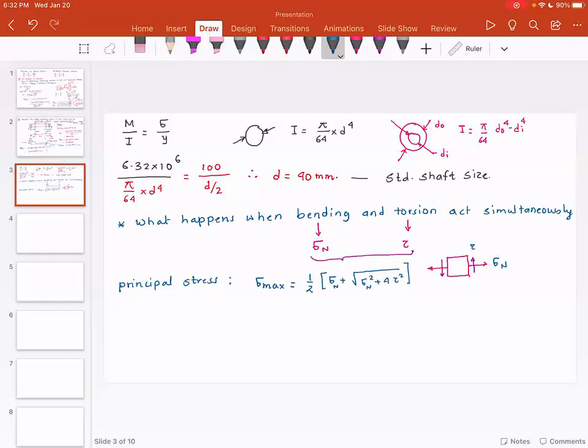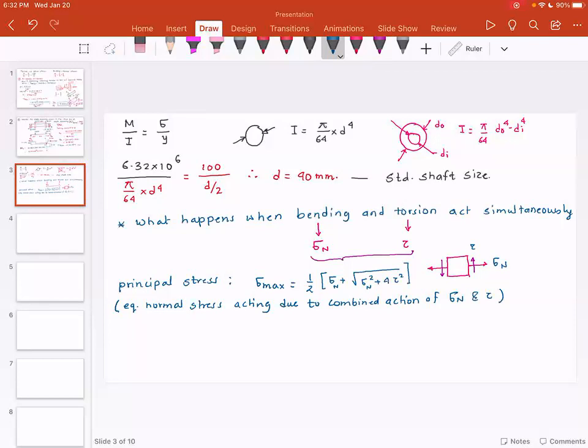So principal stress is sometimes also called equivalent normal stress acting due to combined action of sigma n and tau.